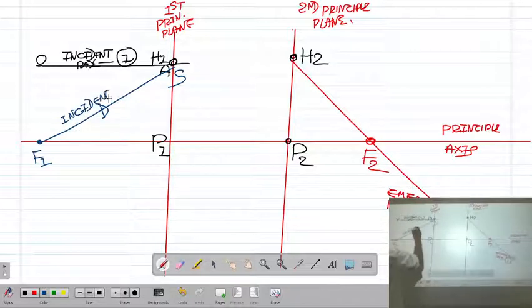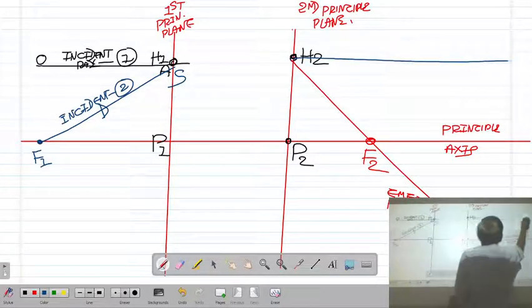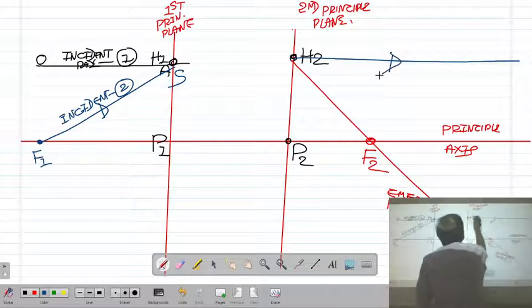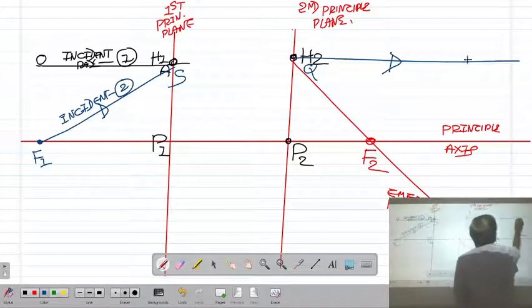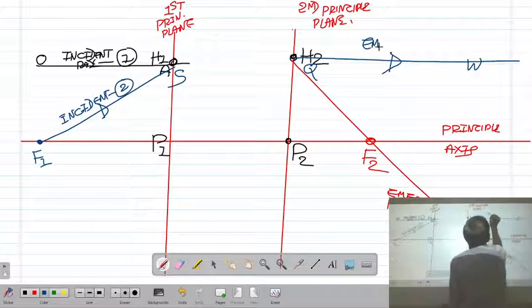Now the second incident ray is passing through the first focal point F1, so you know very well, after refraction it will become parallel to the axis, and it will emerge out in the direction QW. So this is emergent ray 2.